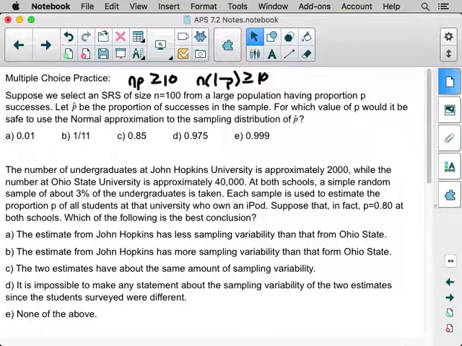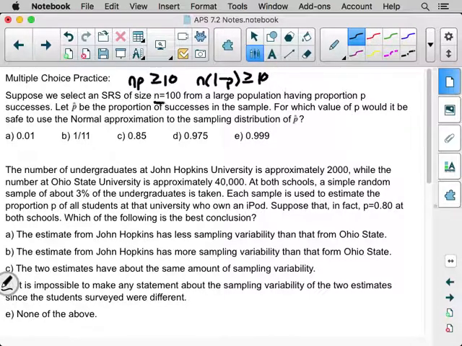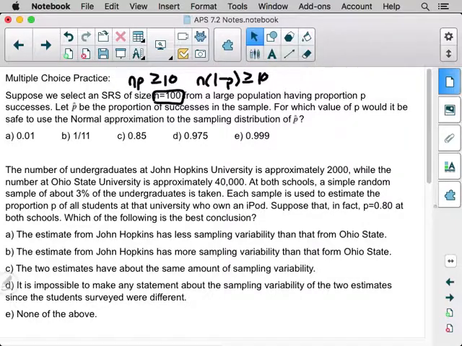So we know our sample size is 100. If p were 0.01, 100 times 0.01 gives me 1. Is that big enough? Is A going to work?